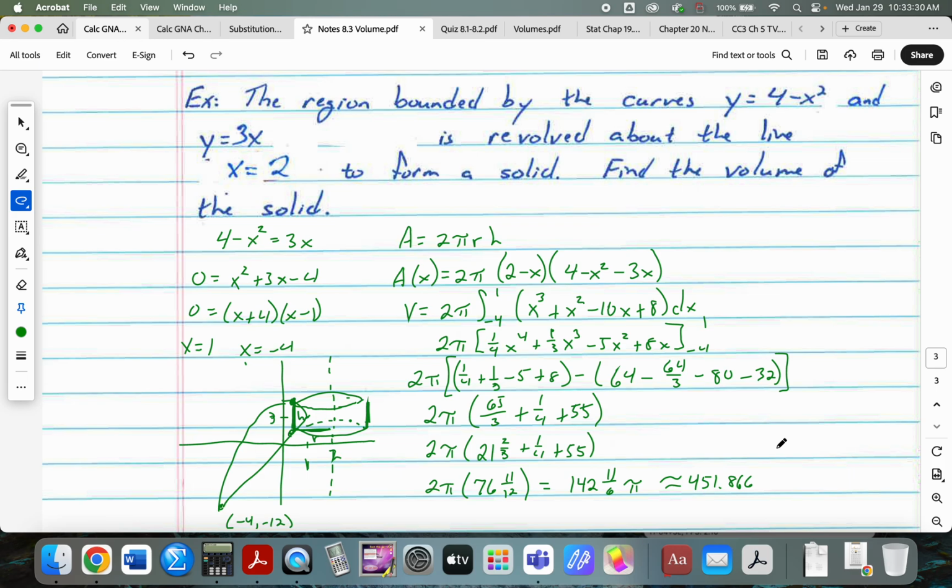Let's see. 2 pi times 1/4 plus a third minus 5 plus 8, minus 64, minus 64 thirds, minus 80, minus 32. Yeah, there's something wrong there. Because that's where you get 450 something.